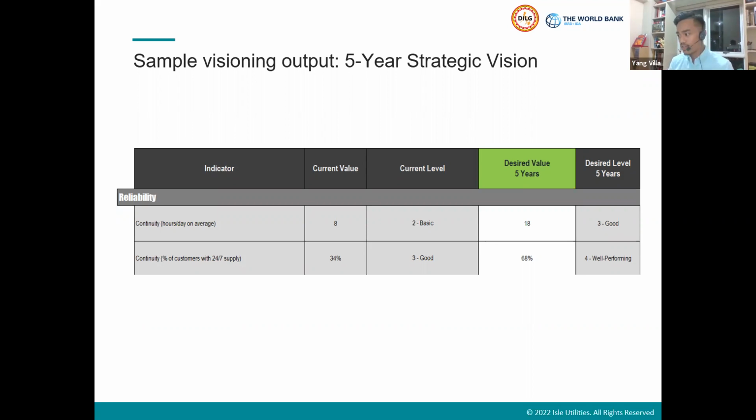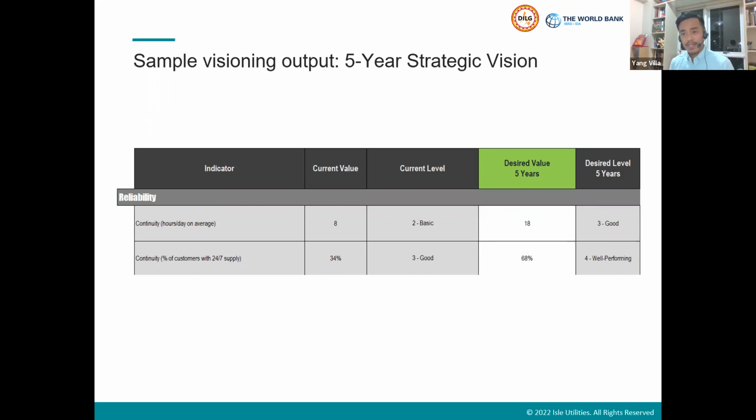As you've seen earlier, this utility only has about 8 hours of water supply per day on average, and they aim for 18 hours in the next 5 years to achieve this level. They also want to double the percentage of their customers with 24/7 supply. Still not quite 100%, but they feel that a doubling of this percentage is realistic, and this is something that they can pull off in the next 5 years.